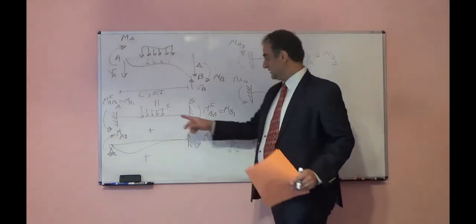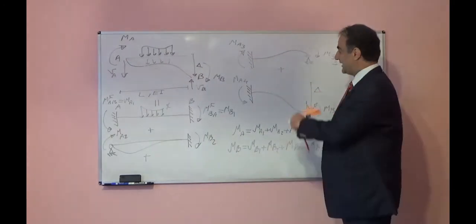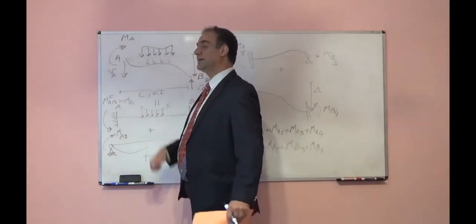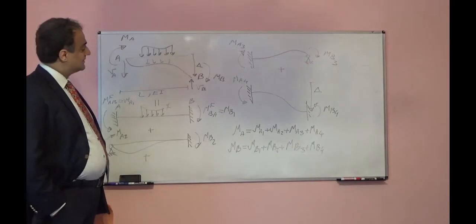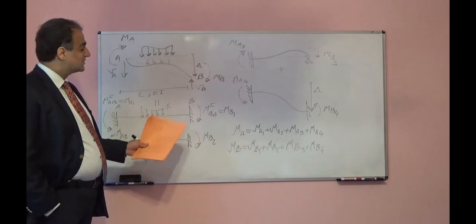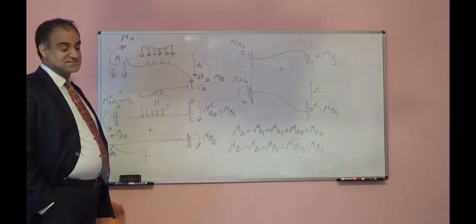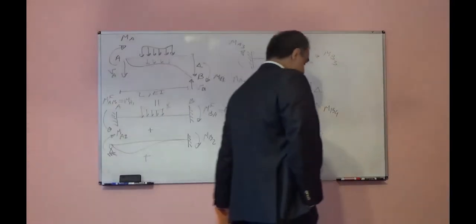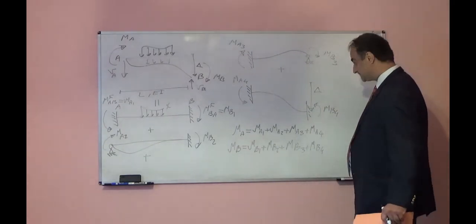So I divide this into four different simple systems. If I add together using superposition, I can get the initial structure. And if I calculate the moment for each one by one, and add together, I will get the total moment for this structural member. Let's do that one by one, see how we can find the slope deflection formula.